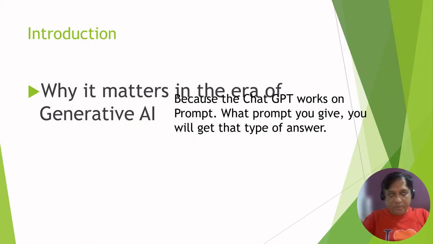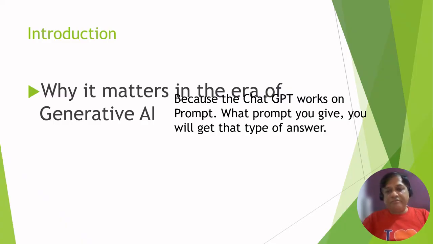So that is the prompt that you have given. We have to understand what exactly this prompt is. It's basically an art and a science of what input you are giving to the computer, to ChatGPT or any other generative AI tool, to give you the answer back.